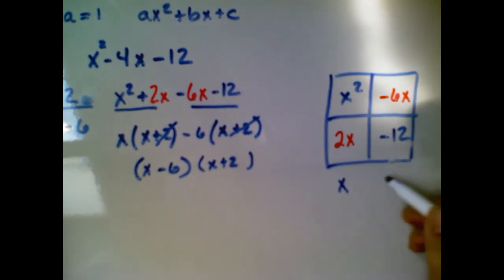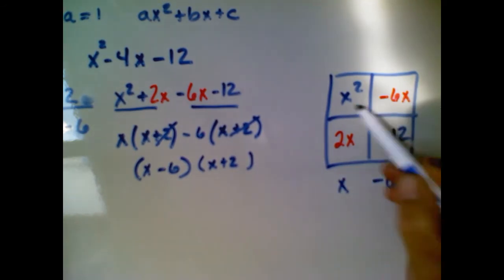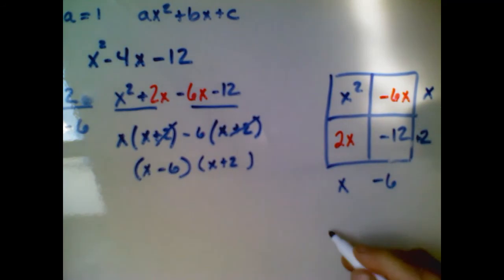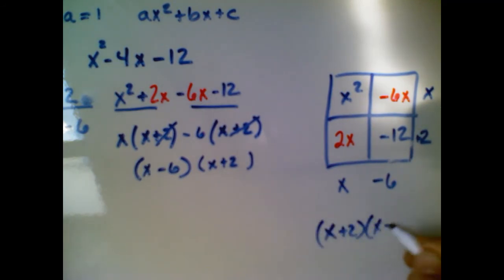These both have a -6 in common. These both have an x in common. And these both have a 2 in common. So that I have x plus 2 and x minus 6. So they can factor it either way to find the binomial factor pairs that you need for factoring quadratic expressions.